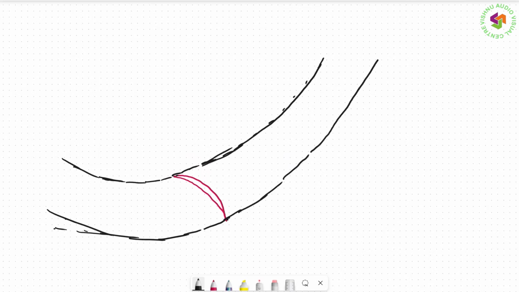So this is a series of curved vanes, radial curved vanes. The jet of water enters here and leaves here.